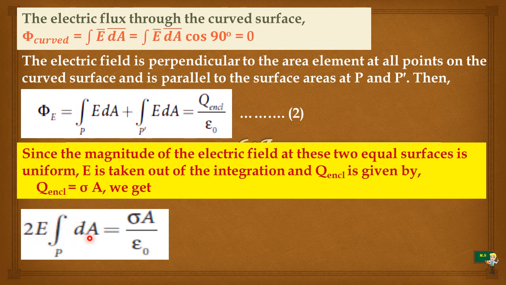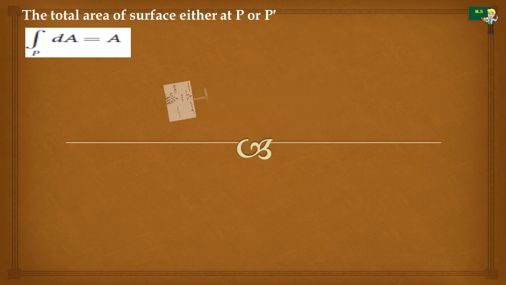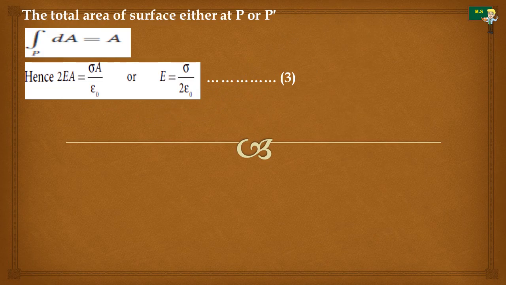So we have to integrate only the dA, and instead of P and P dash, we take P commonly. Now the total area of the surface, either P or P dash, the integral of dA is equal to A. If you substitute that value, 2EA is equal to sigma A by ε₀, and if you cancel this A and this A, then we have E equal to sigma by 2ε₀.